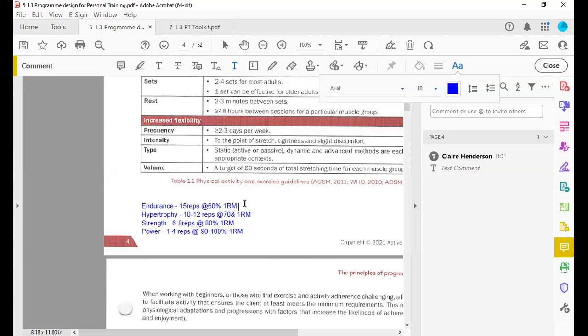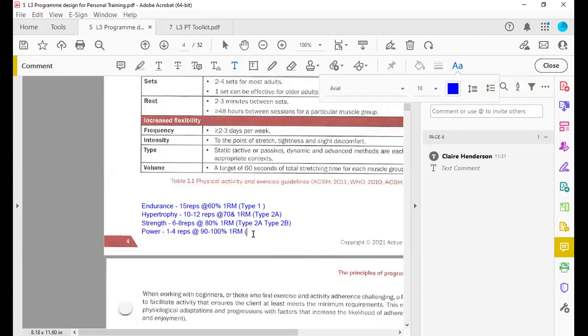And if we just remind ourselves there, if I'm in the endurance-based zone, then predominantly it's going to be type 1 muscle fibers, the finer muscle fibers. And then as we go into endurance to hypertrophy, we're looking at the more dense muscle fibers. And then obviously into strength, we're looking into more strength and power-based.